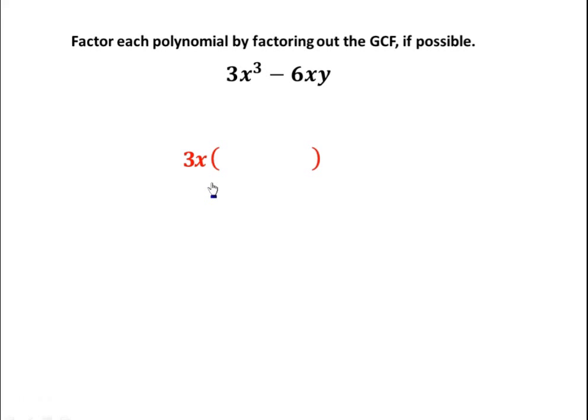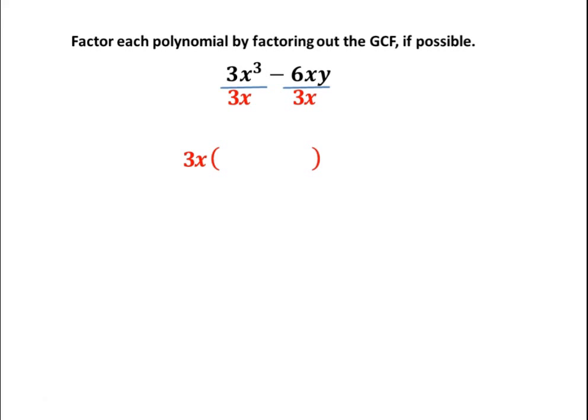We look at our original polynomial and at our greatest common factor. When we pull this greatest common factor out of each one of these terms, what we're actually doing is dividing each one of our original terms in our polynomial by that greatest common factor that we pulled out.